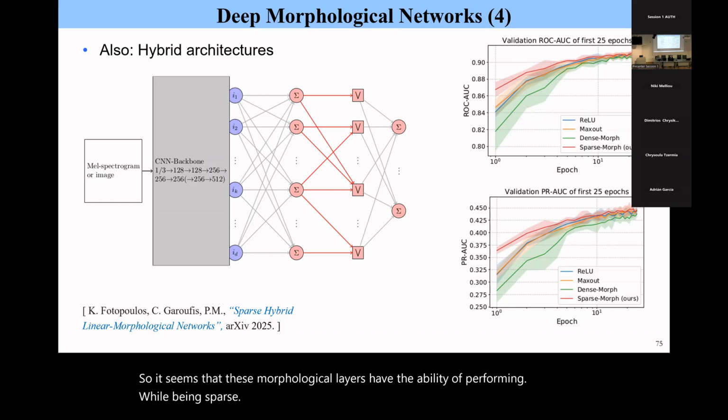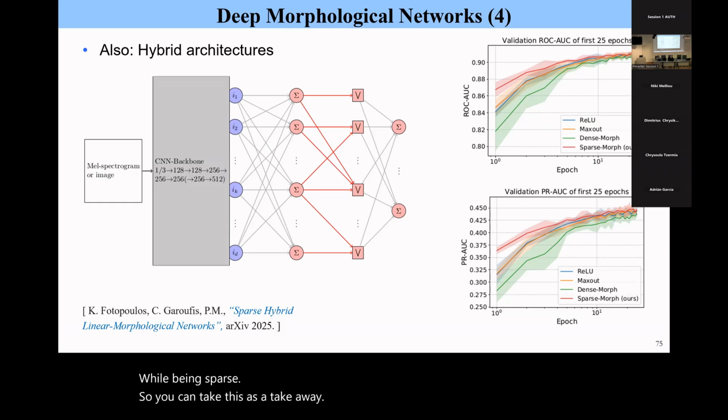So you can take this as a takeaway message that morphological layers of neurons, they can become sparse.